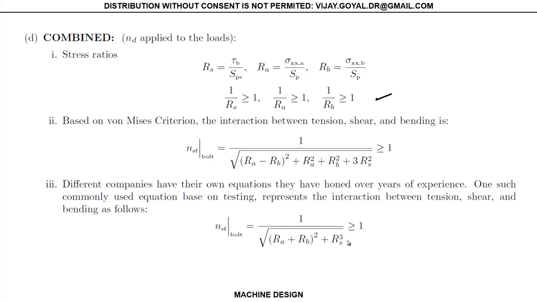I will not tell you what we do in our industry, but there are also old NASA tech notes that talk about this. Bruhn has very good topics on how we handle this kind of thing, but we have to do the stress ratios. This is very different from what we did for power screws. In this particular case, you have to use interaction equations. You cannot use just the von Mises equation like you always did.